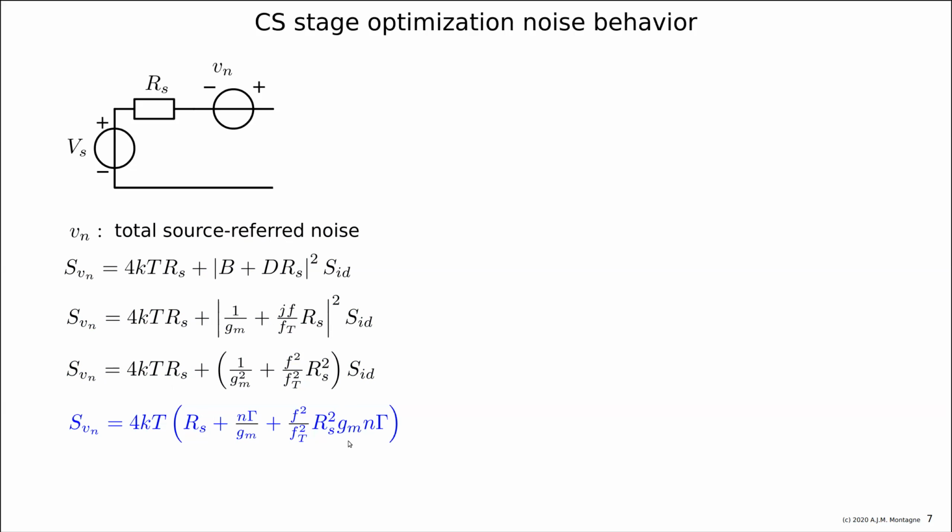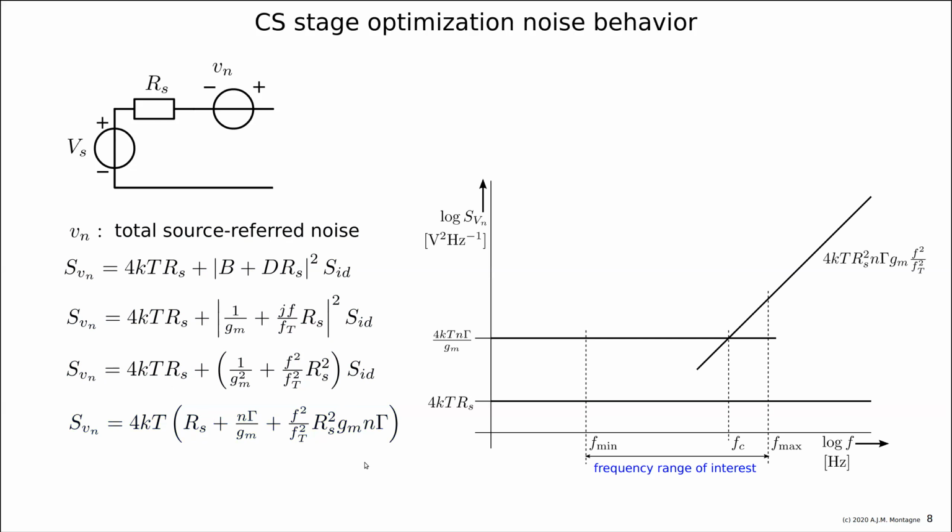And therefore, it is interesting to look at a frequency plot of those contributions and see what we are actually doing. So here, I made a frequency plot. You see that it's quite a noisy situation because the FET 4kT and gamma divided by GM is much more than 4kT RS. But okay, it's just for the picture. So you see 4kT RS is the source noise.